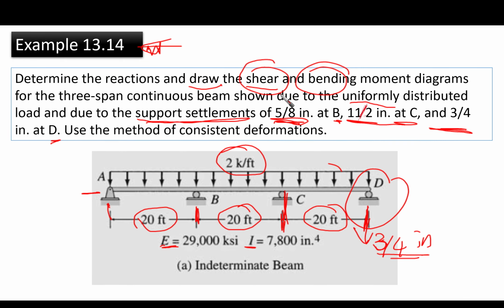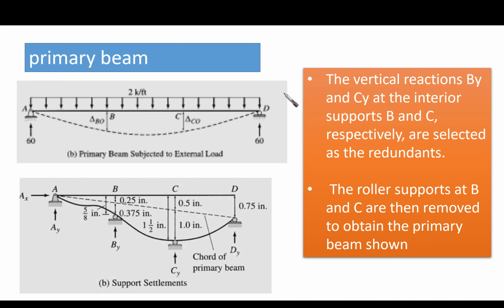Now let's go to the first step. Our first step is the primary beam. We want to find what is the primary beam for our structure. We said in the previous slide that we are dealing with a twice statically indeterminate structure. This means that we have two unknowns that need to be removed.